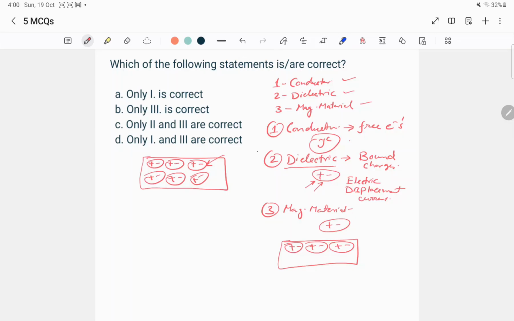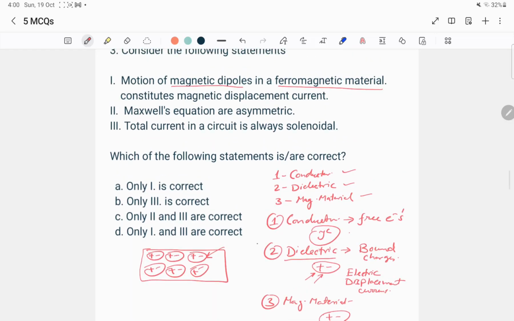So when the bound charges move, they constitute displacement current, and since this is happening inside a magnetic core and these bound charges are magnetic dipoles, it is called magnetic displacement current. Okay, so the first statement, motion of magnetic dipoles in a ferromagnetic material constitutes magnetic displacement current, is a correct statement. Let's see statement number 2.